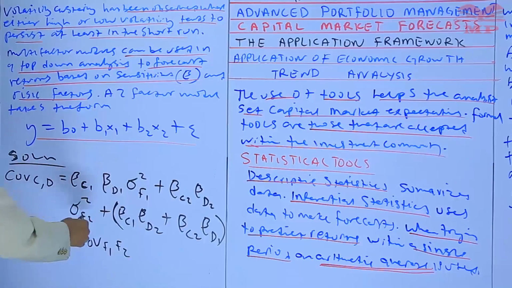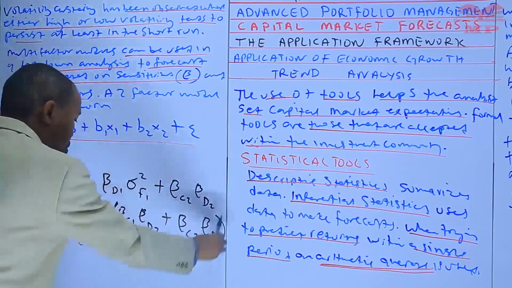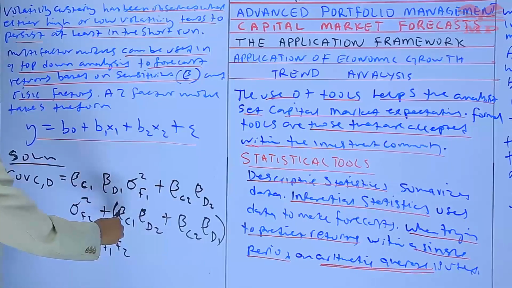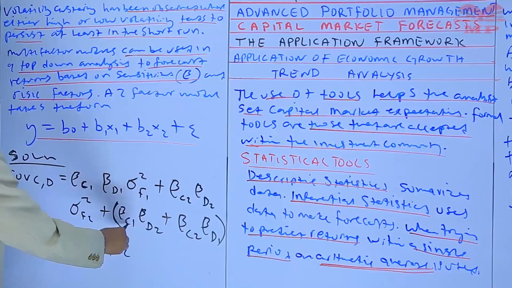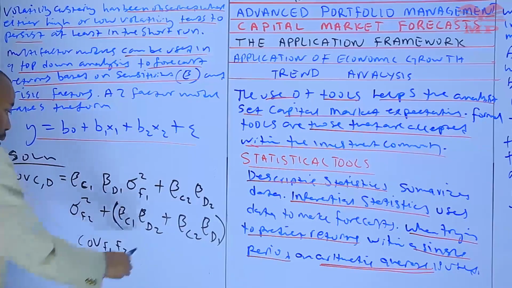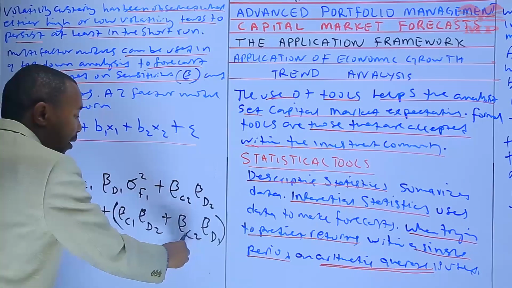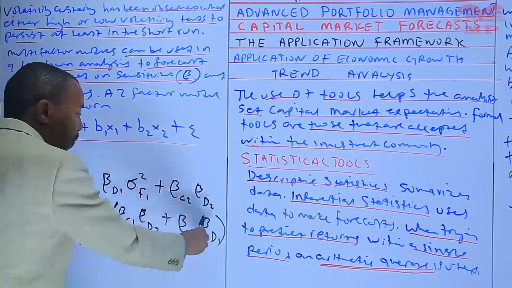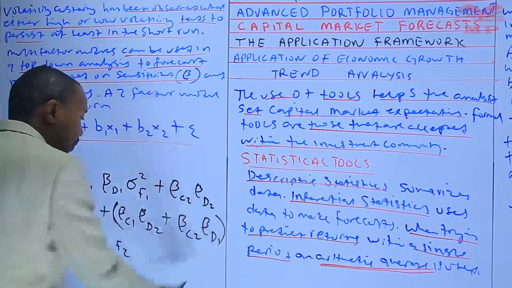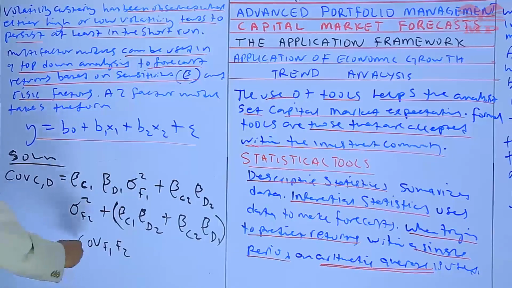And then we multiply by the factor sensitivities for market C under factor 2, and for market D under factor 1, times the covariance of factor 1 and factor 2.